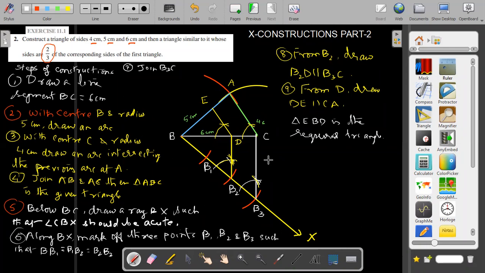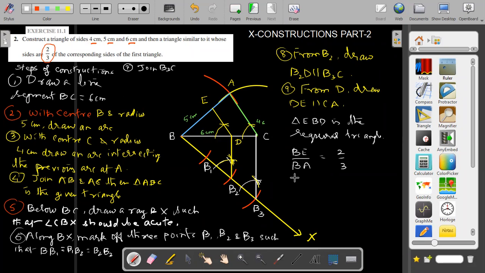With the ratio, this inside triangle will have the smaller ratio. So BE is corresponding to BA, BE upon BA, you will find 2 upon 3 ratio. So inside we are drawing. So the given triangle will be the outermost triangle, and the inner triangle will be the required triangle.